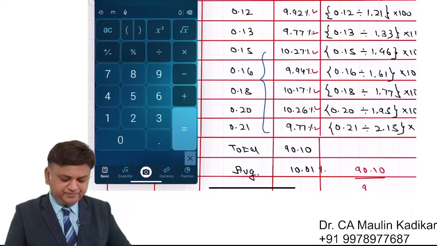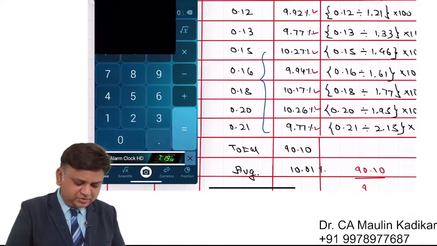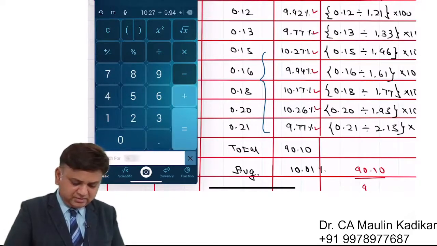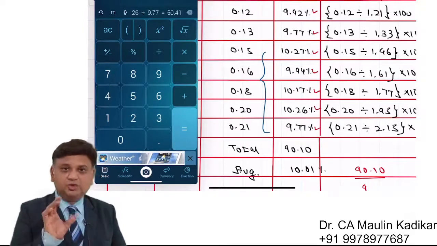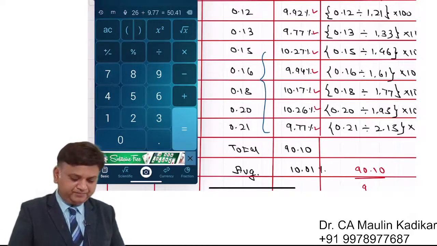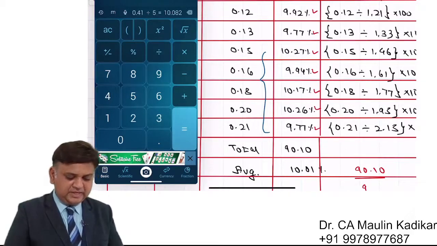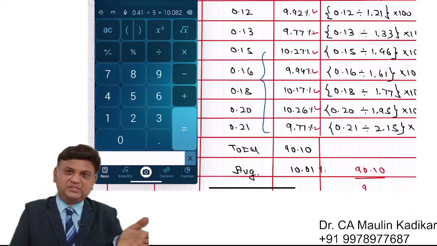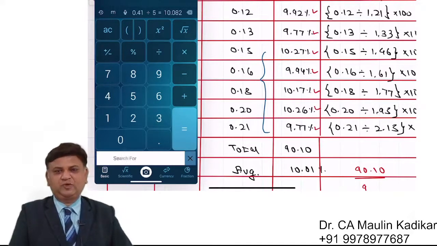Then it is 10.27 plus 9.94 plus 10.17 plus 10.26 plus 9.77. So the total is 50.41 divided by 5. That comes to 10.08. So you can see that it is not going to have a huge difference if at all you take the 4 or 5 years value.